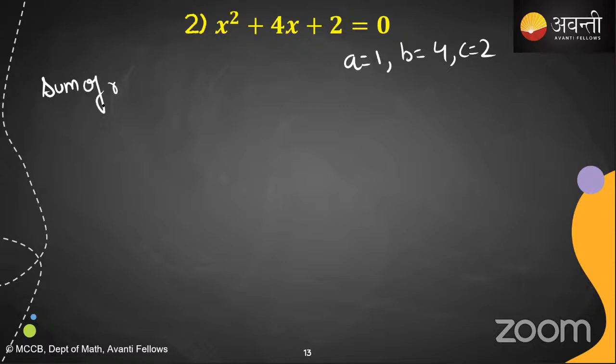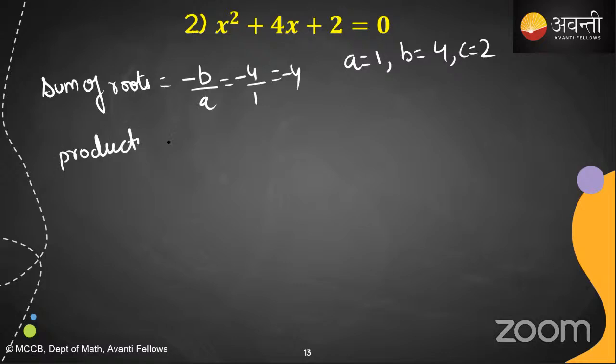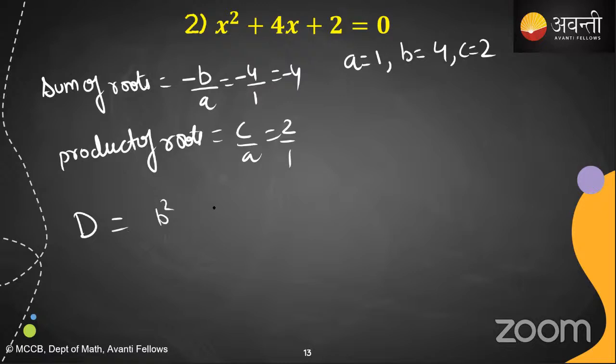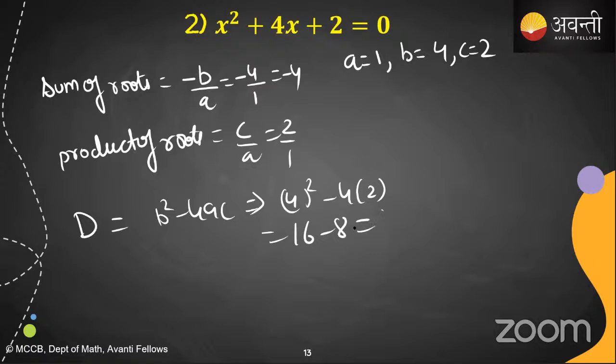The sum of roots is minus b by a, which is minus 4 by 1, which is minus 4. Clear? The product of roots is c by a, which is 2 by 1. The discriminant is b square minus 4ac, which means 16 minus 8, which is 8.